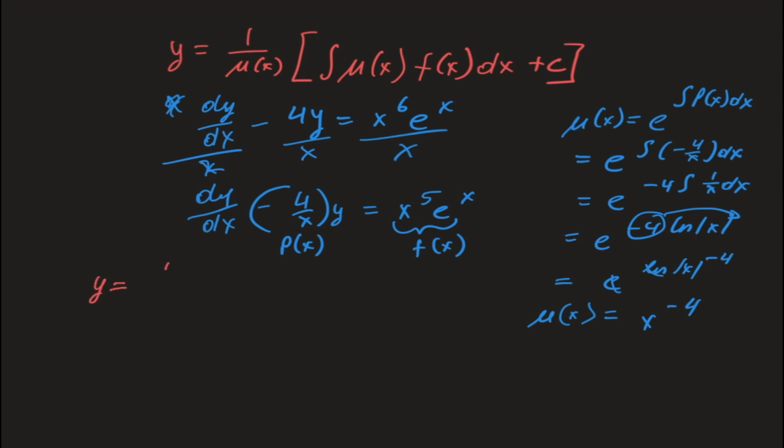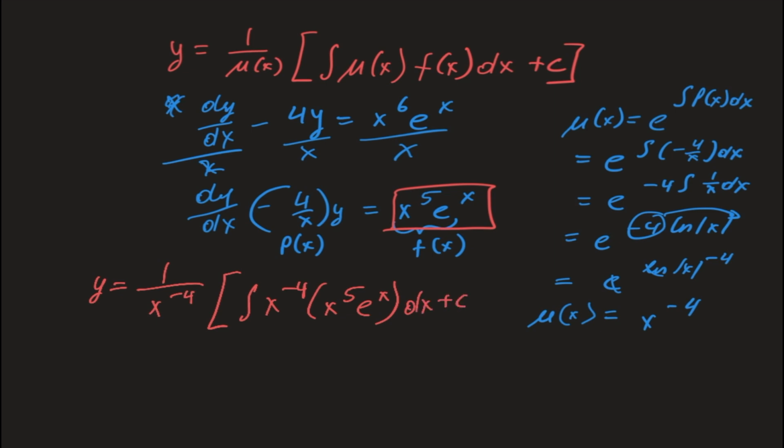Now that we found our mu, we can go ahead and plug it back into our formula. Y is equal to 1 over mu of x, which is x to the negative fourth power, times the integral of x to the negative fourth power times f of x, which from above you can see was x to the fifth power e to the x dx plus c. From here we can just go ahead and simplify, so we have y is equal to x to the fourth.